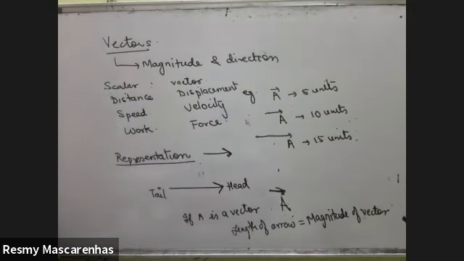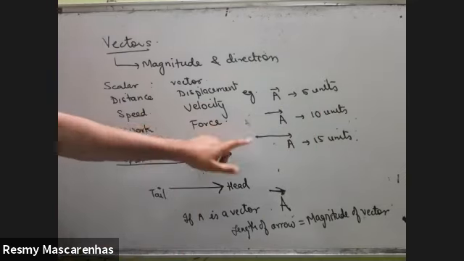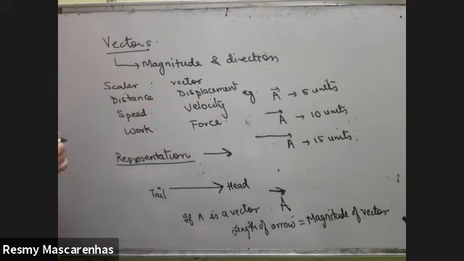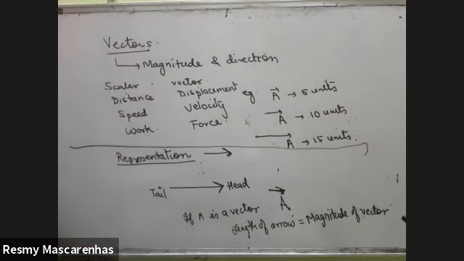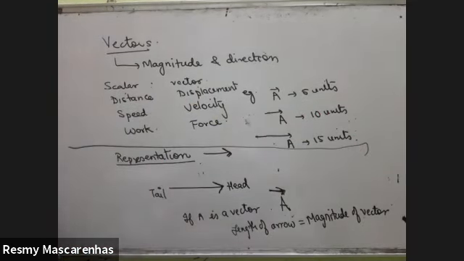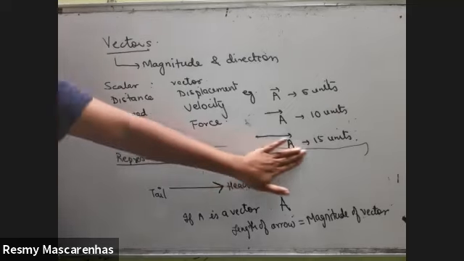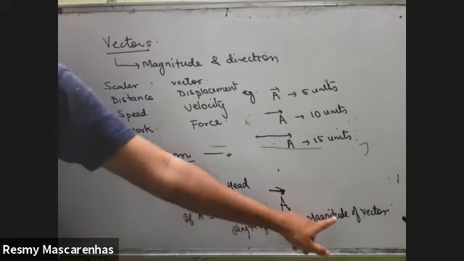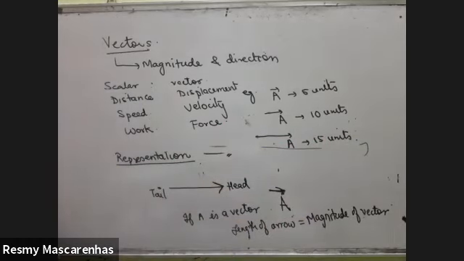But definitely if you have something 1000 units, you cannot sit on the paper and write a big arrow from here to here to represent 1000. So practically we don't write it in the notebook, but actually it means that the length of the arrow is always equal to the magnitude of the vector.